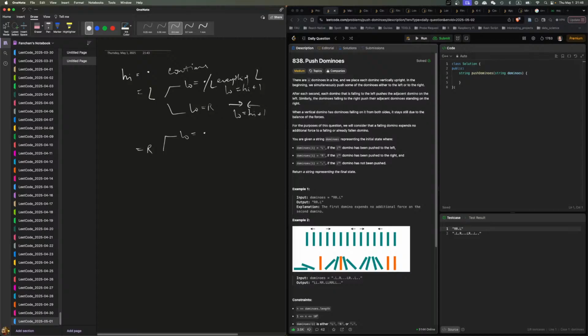So if I hit an R and the low is a dot, then I should just move forward. If low is an L, then nothing will happen, right? Then we just go low equal to high plus 1. Nothing happens. If low is an R, then everything becomes R, and then low equal to high plus 1. Let's try.